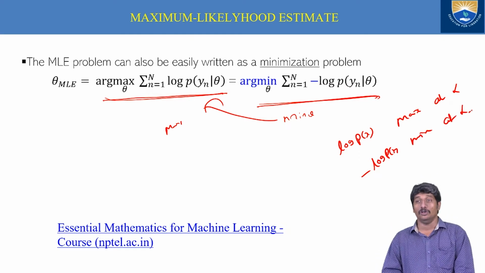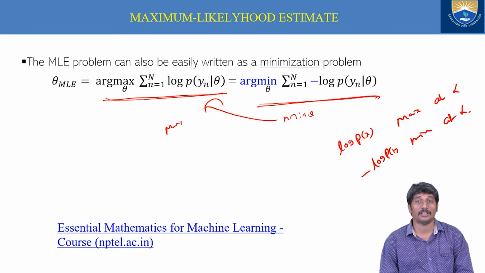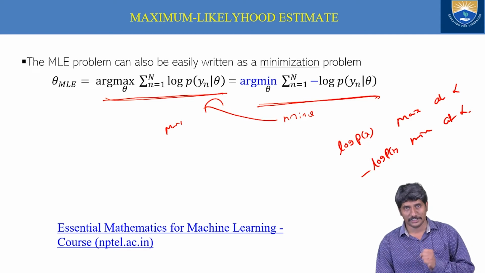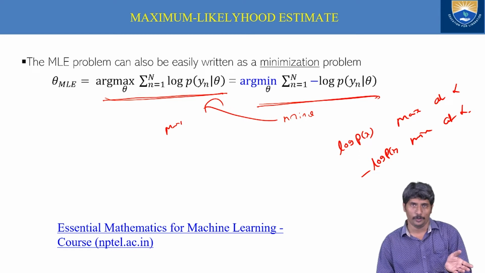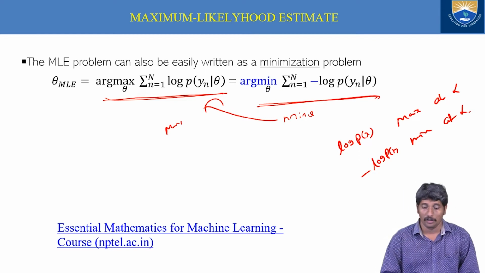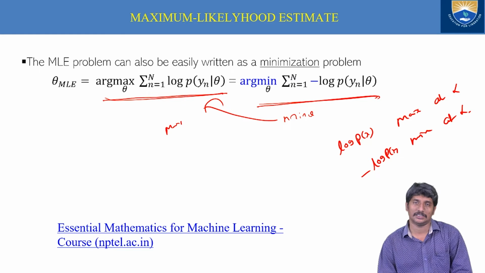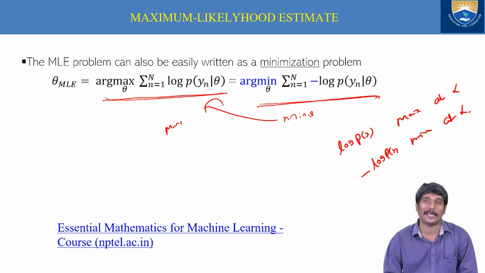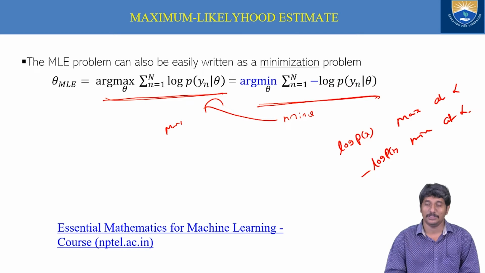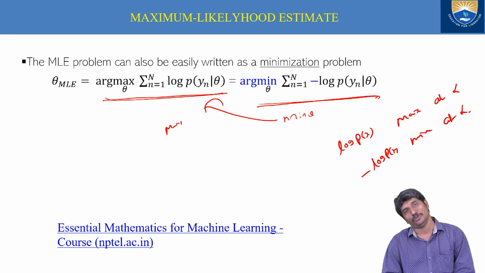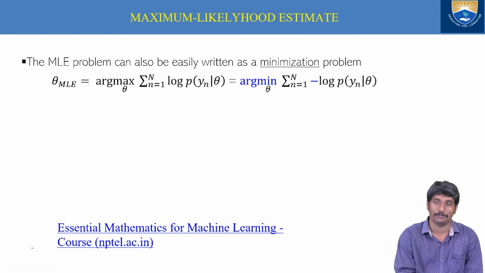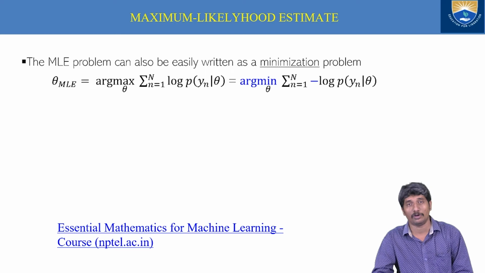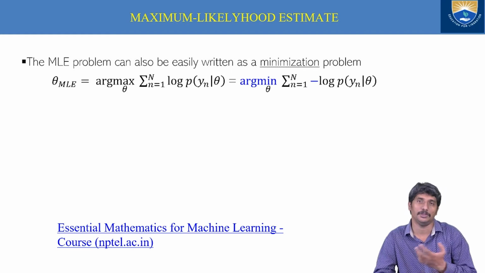This is the law we know in maxima and minima. I think you might have come across it in your intermediate while doing maxima and minima. Log p of x is a function which has a maximum at alpha. Then automatically minus log p of x will attain its minimum at alpha. By taking that as a support, we could see maximum likelihood estimation as a minimization problem also. Not only maximization, you could also see it as a minimum. But generally, we'll always do it in the view of maximization, of course. But if you want, you could do it on a minimization basis.